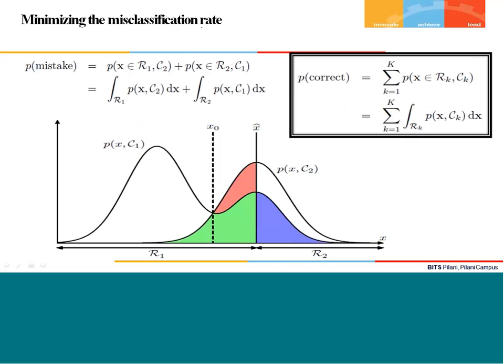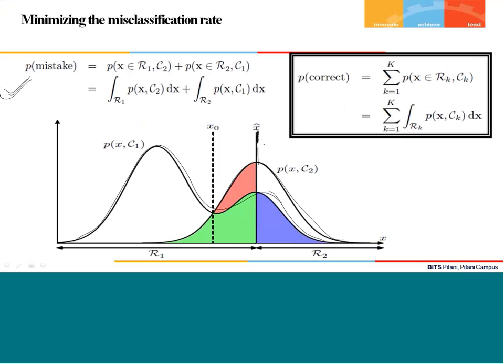So what is misclassification? For example, this is a risk that I'm calculating here. Say these are the two distributions, and somebody asks me, if this is the decision boundary, what is the risk associated with it?